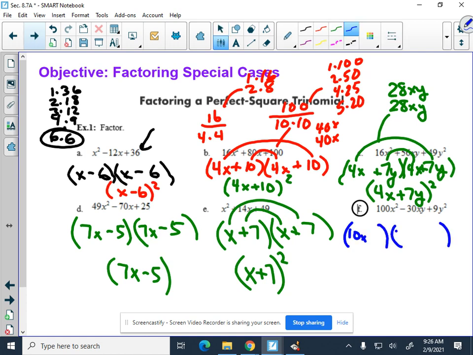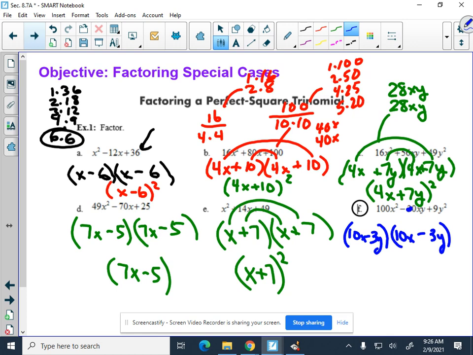Yeah, 10x and 10x. That's correct. What are the last two? 3y, -3y, and -3y. Yep. Because then that's, ooh, wait, did I do something wrong there? Actually, I think I've got the number wrong in there.